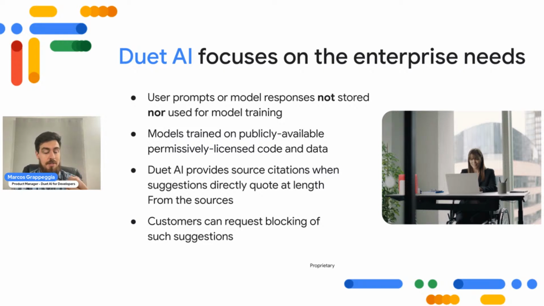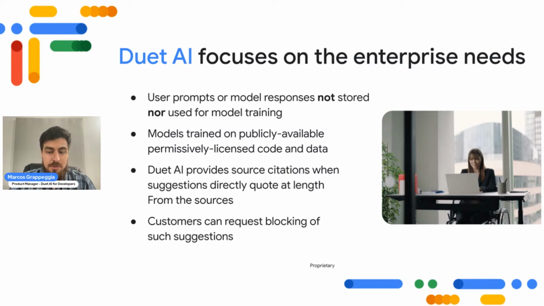The short answer is no, we are not. It's a clear line. We do not do that. Plus, we do not even store those prompts. So even if we were to change our minds in the future, we don't have this data. Of course, we won't be changing our mind, that's a clear line, but that's an additional safeguard here.